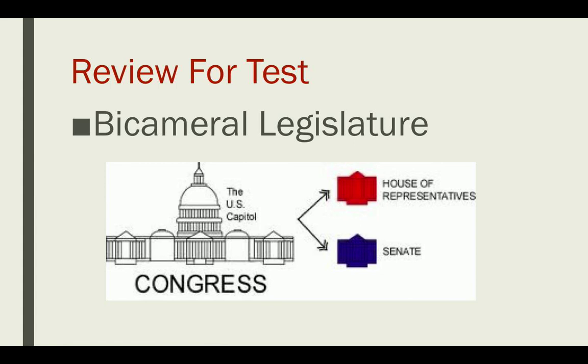The Great Compromise combined the Virginia Plan, which was the large state plan, where people in the large states wanted Congress based only on representation, versus the small state plan or the New Jersey plan, where the small states asked for equal representation throughout Congress. We took those two plans and combined them to get the Great Compromise, which gave us the bicameral legislature. Great Compromise, bicameral legislature.